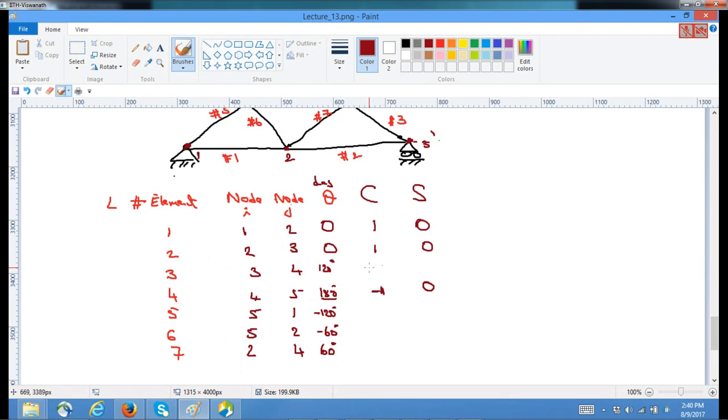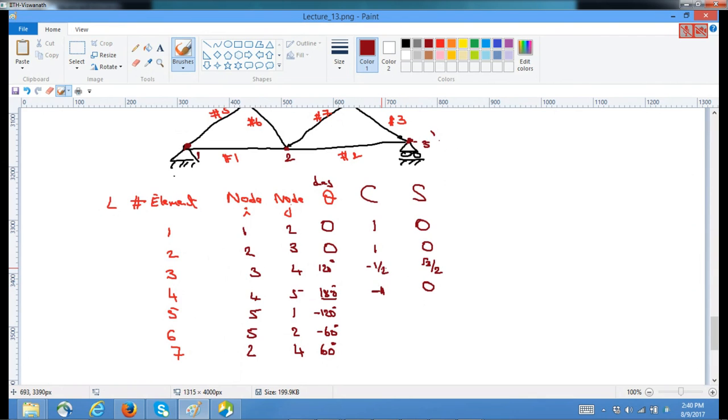Now coming back to sine and cosine, this would be root 3 by 2 and cosine would be minus 1 by 2.